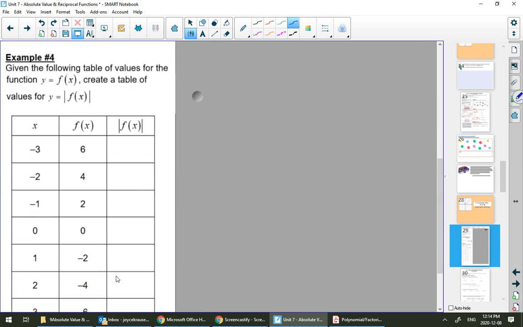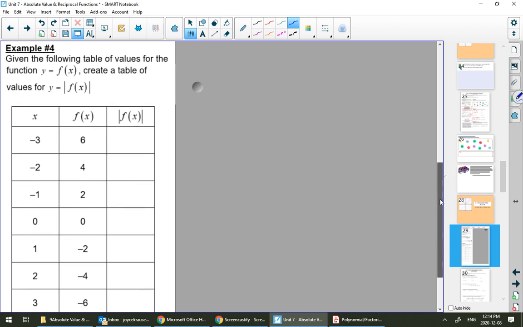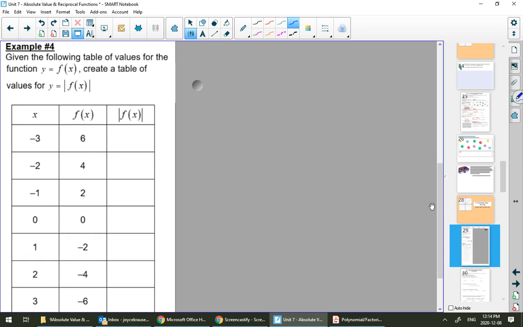All right, so let's take a look at a table of values. Here, we're given a table of values, with the values for x and f of x, and we're asked to find the new values for the absolute value of f of x. If I have -3 and 6, my new point would be -3, and it would stay +6.